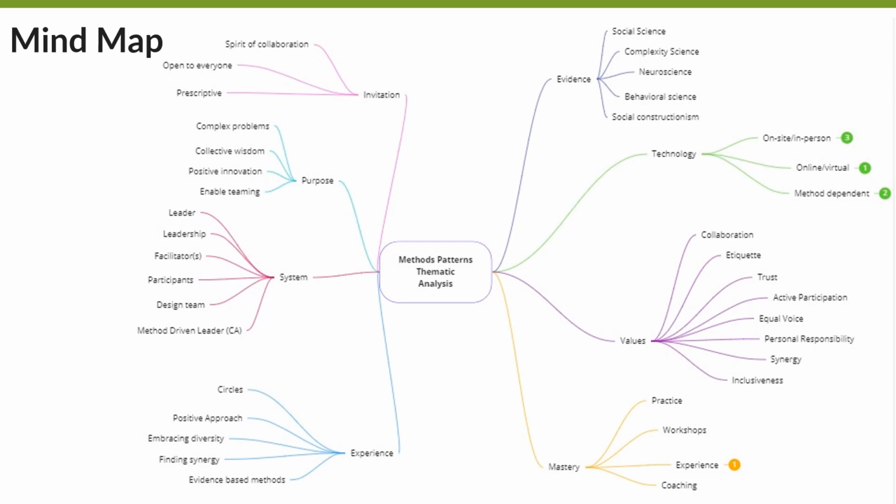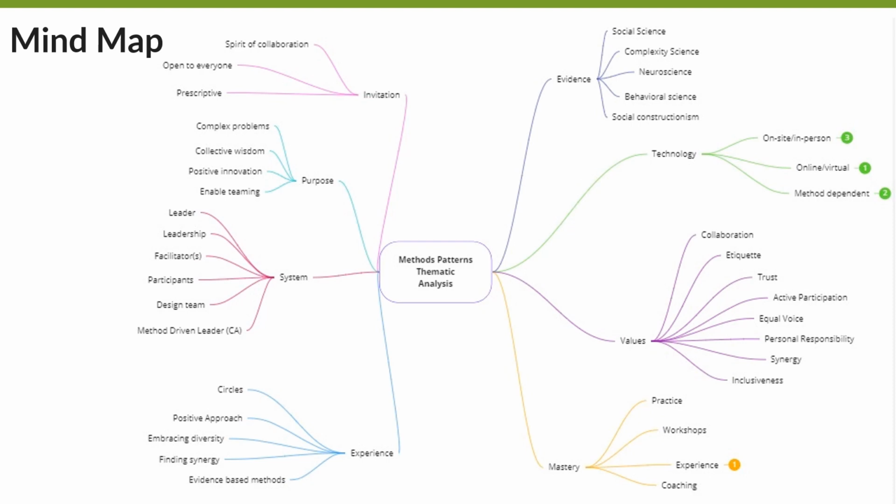Technology, it's either on-site in person, online virtual, it could be method dependent. Many of the methods are flexible and accommodating. Some of the key values: collaboration, etiquette, trust, active participation, equal voice, personal responsibility, synergy, inclusiveness. And then last, mastery.